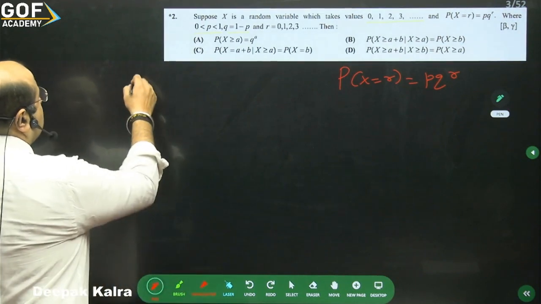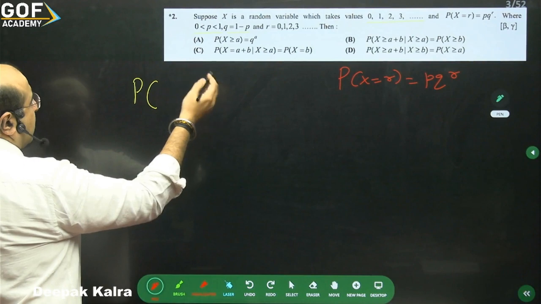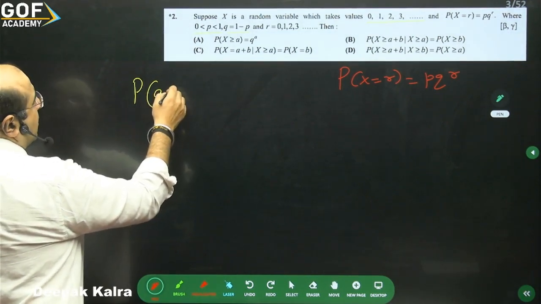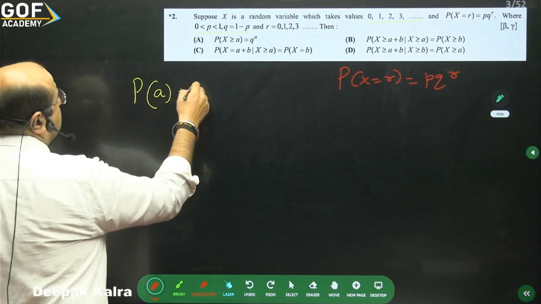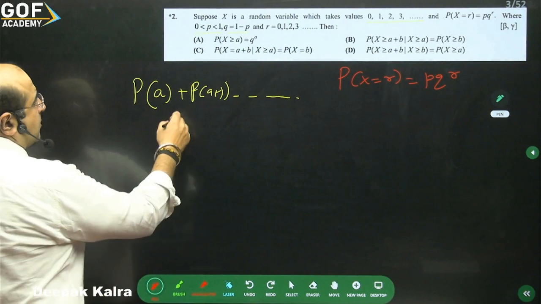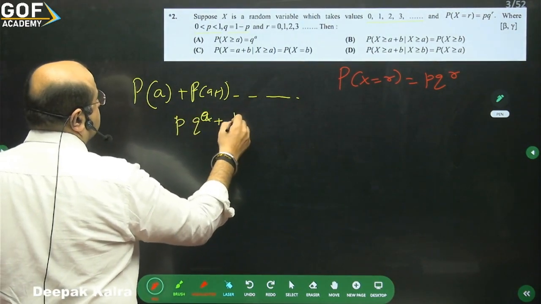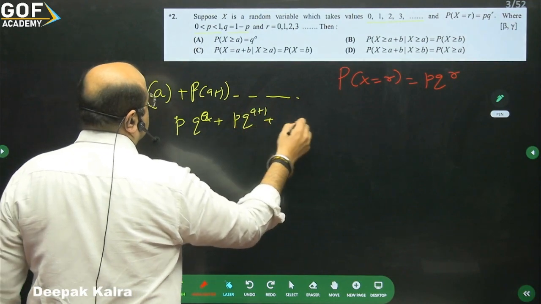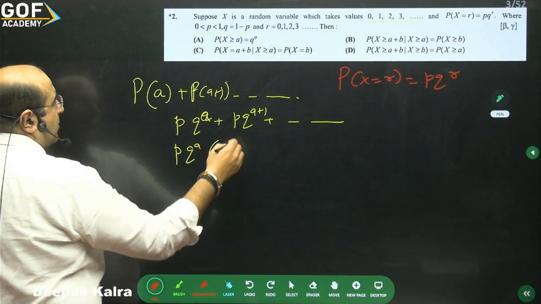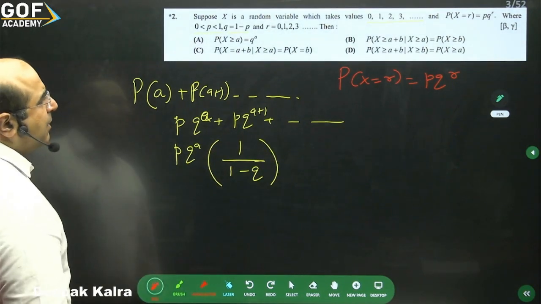So P(X >= a) we want, beginning with a: p q^a, then p q^(a+1), and so on, going on up to infinity. So p q^a you can take common, times 1 over 1 minus q. Am I clear?